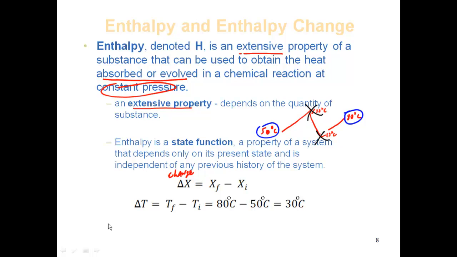I'm not at 30 degrees C. I'm 30 degrees C higher than I was before. Remember, I was at 50 degrees C, now I'm at 80, so I'm 30 degrees higher than I was before. If I had a negative sign, then it would mean I'm 30 degrees below where I was before. So basically that result is a relative value compared to where I was before, not absolute.